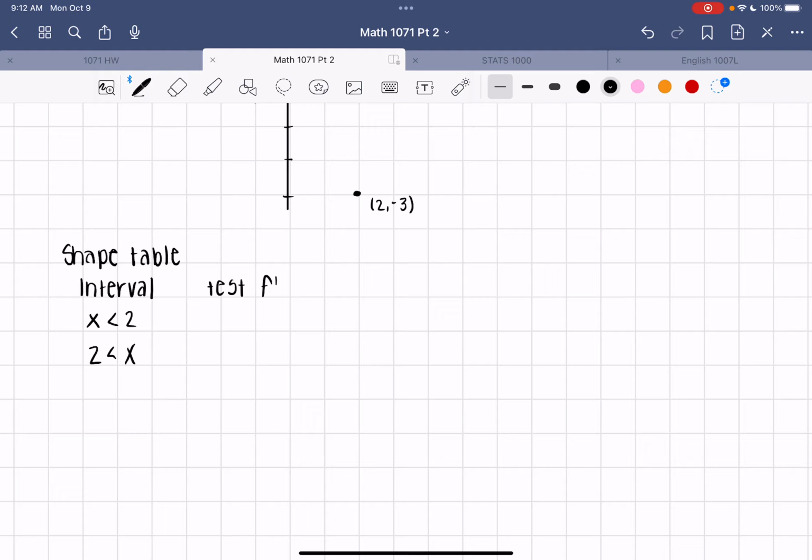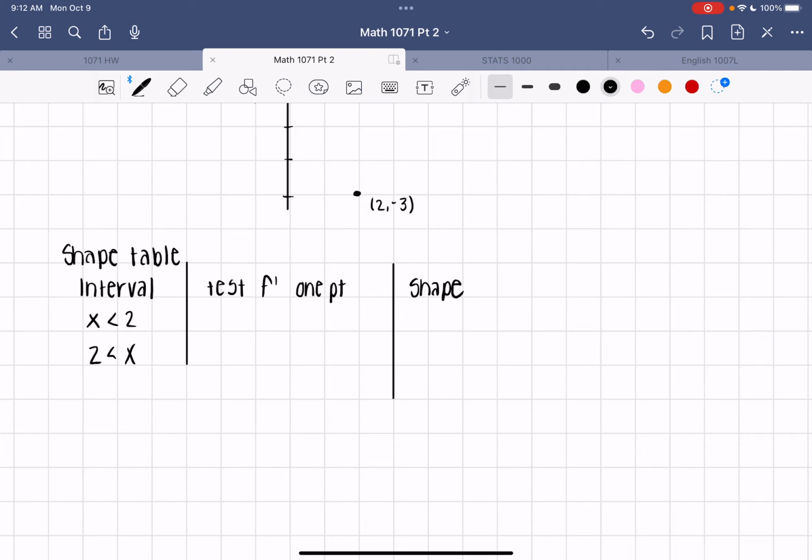And there is one and only one critical point. So that's why in each interval, we need but test 1 point. So take any number you want, left of 2. How about 0? F prime of 0. And I'm concerned if this is positive or negative. If it's positive, the shape is increasing. If it's negative, shape is decreasing.